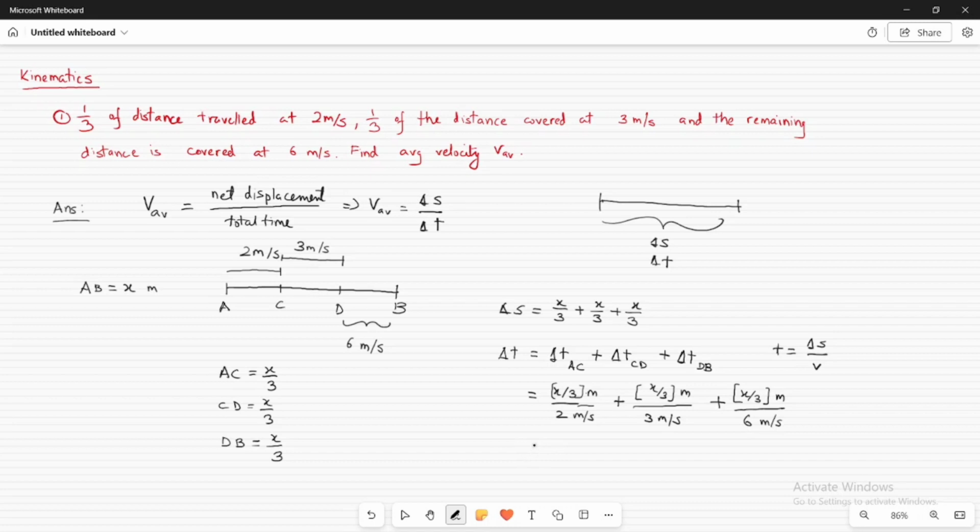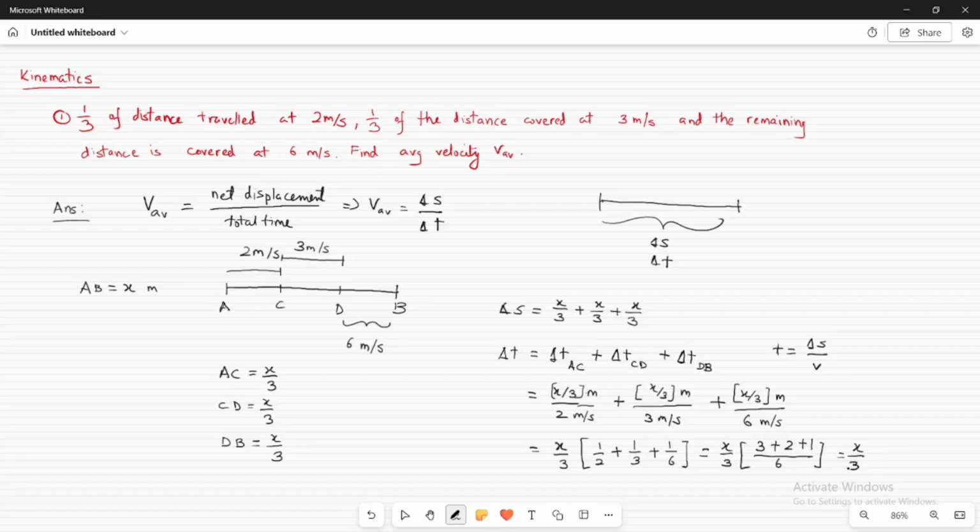So that essentially means we take x by 3 common. x by 3 multiplied by 1 by 2 plus 1 by 3 plus 1 by 6, that equals x by 3 into 3 plus 2 plus 1 by 6, which is x by 3.